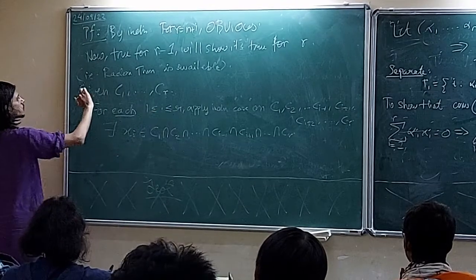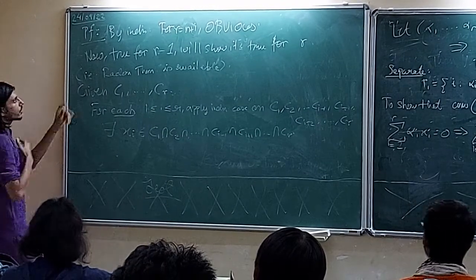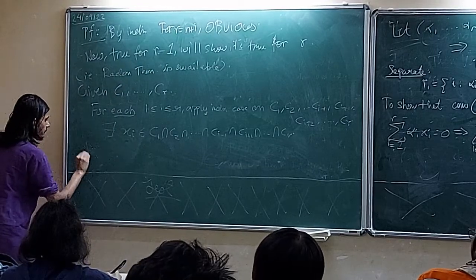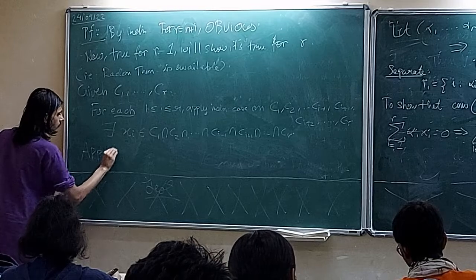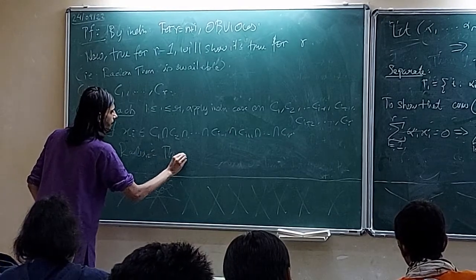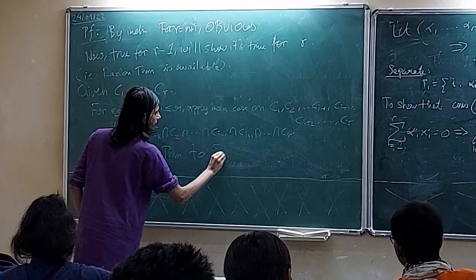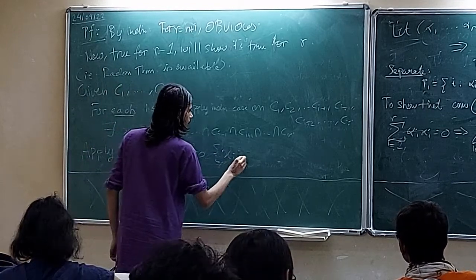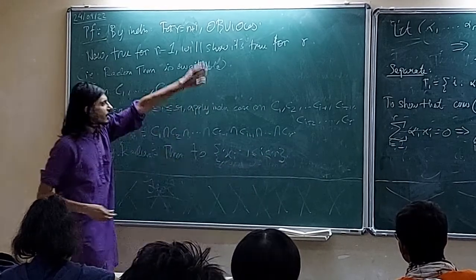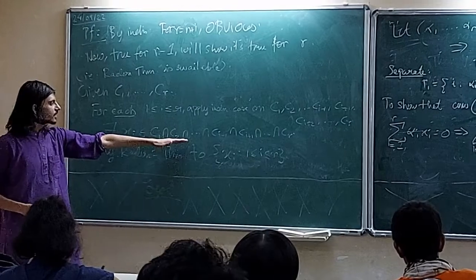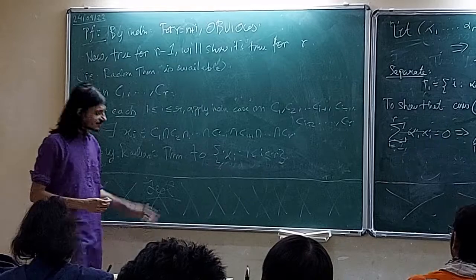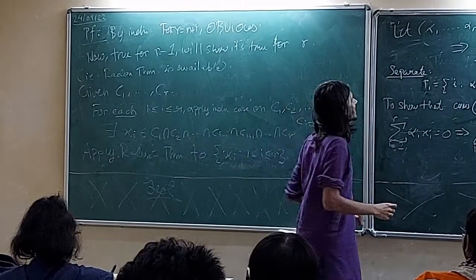And R is at least n plus 2, because we've already dealt with n plus 1. So apply Radon's theorem to this collection x_i, 1 less than or equal to i less than or equal to R. See how beautiful this is. Induction case, removed one. I got points, and I just told you Radon's theorem, so apply Radon's theorem.